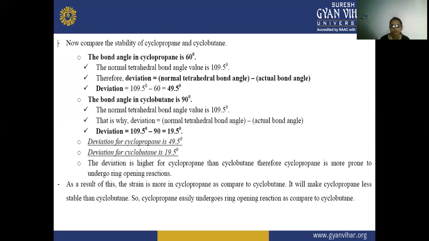So the deviation for cyclopropane is 49.5 degrees, and the deviation for cyclobutane is 19.5 degrees. The deviation is higher for cyclopropane than cyclobutane.